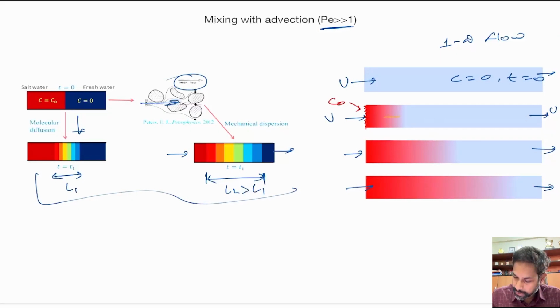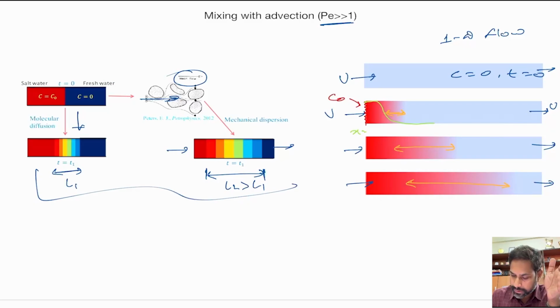This mix zone that you see here is actually broadening. So earlier that was a small mix zone, now you will see a greater mix zone. This is becoming larger and larger. And if you want to plot the concentration profile, it will look probably something like this. So concentration towards x equal to 0, if this is x equal to 0, will be almost equal to C naught, but as you go away it will decrease and then it will become equal to 0 completely, right?